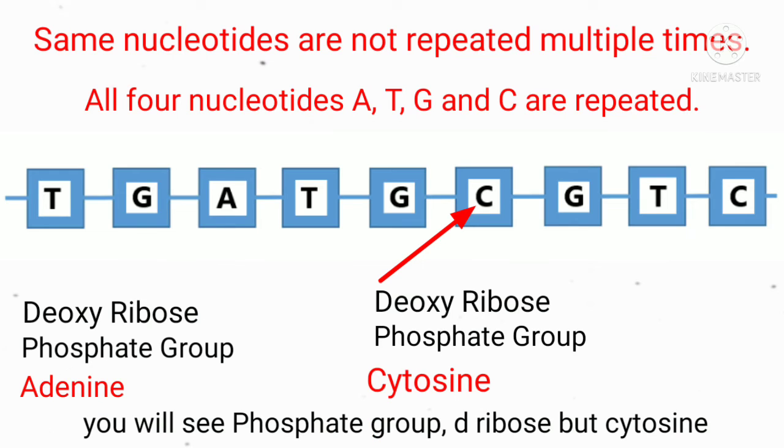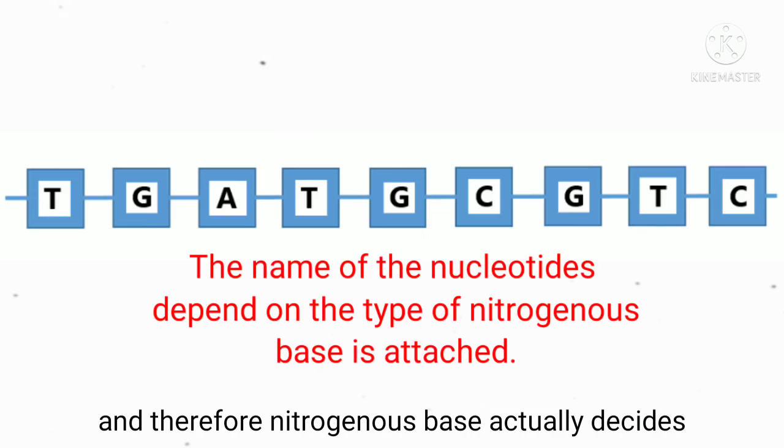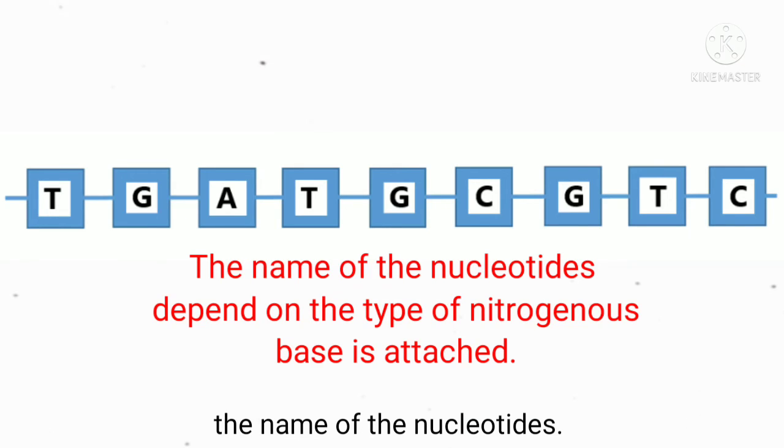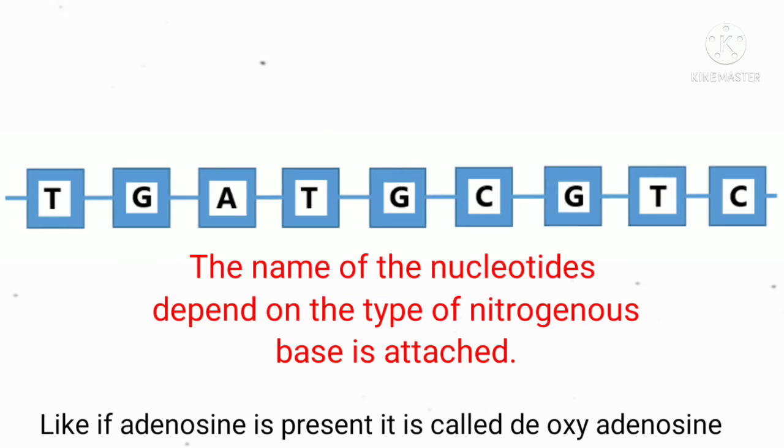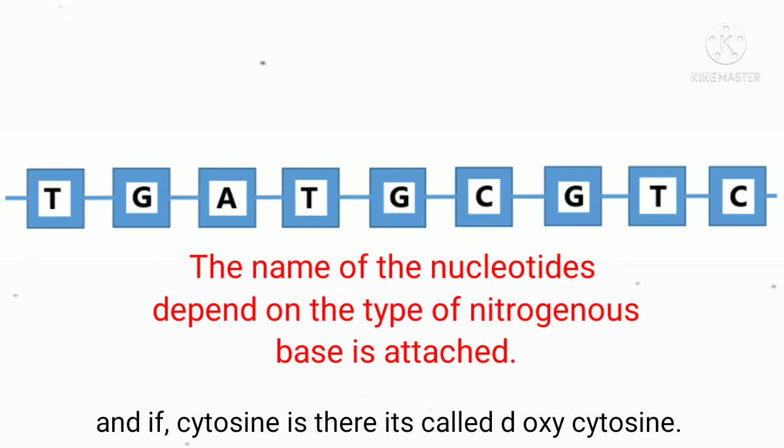But in this, you will see phosphate group, D-ribose, but cytosine. And therefore, the nitrogenous base actually decides the name of the nucleotides. Like if adenine is present, it's called deoxyadenosine. If cytosine is there, it's called deoxycytosine.